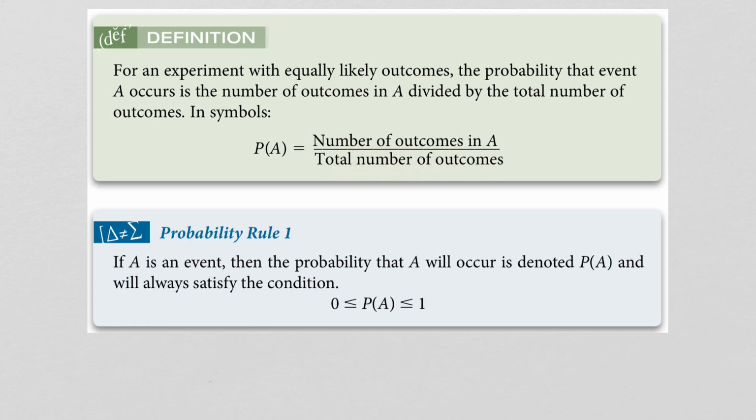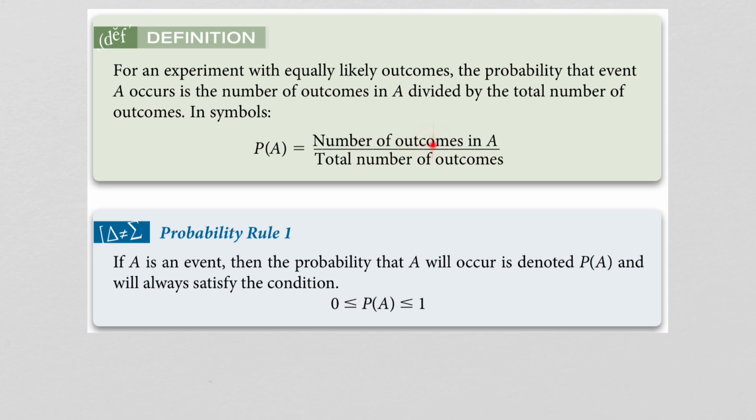And one rule of probability that we can see right away is that if A is an event, then the probability that A will occur is denoted P of A, and it will always satisfy the condition that the probability of event A is always a number in between 0 and 1. Now, the reason for this is very simple.